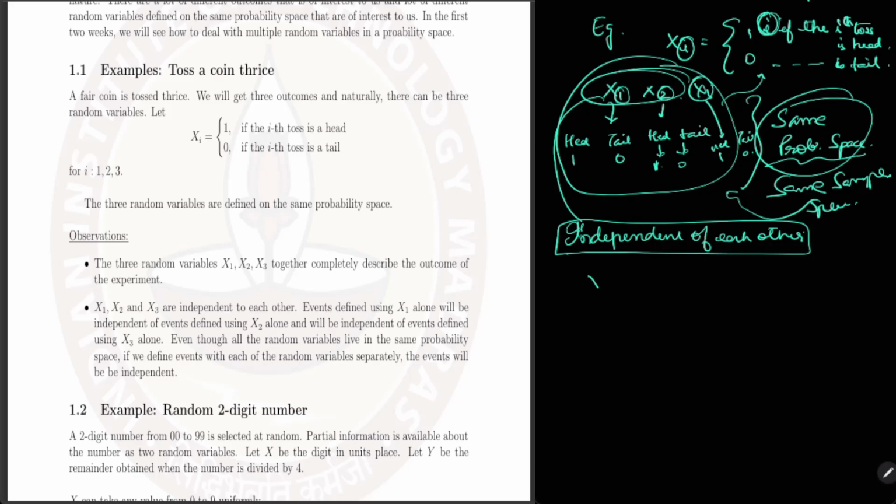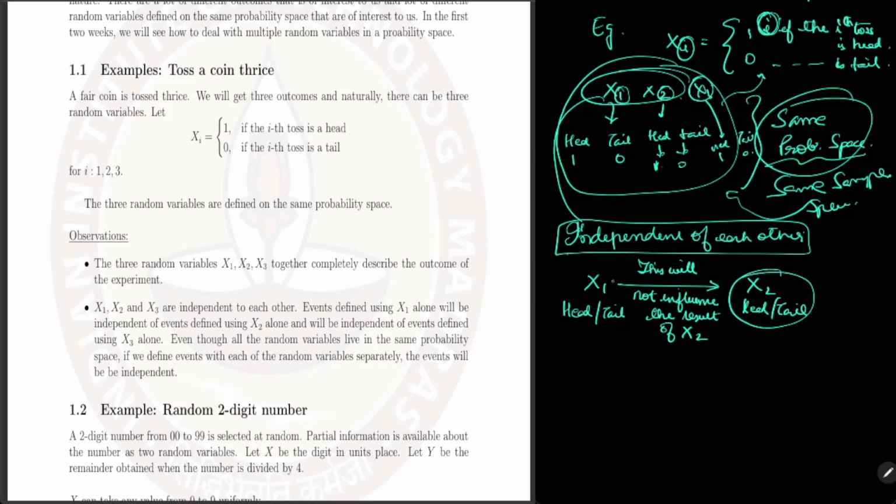Because like X1, whatever the result is, head or a tail, this will not influence the result of X2. Okay, it is head or a tail. So this and this are independent. X2 does not depend on the result of X1. This is what they are saying.